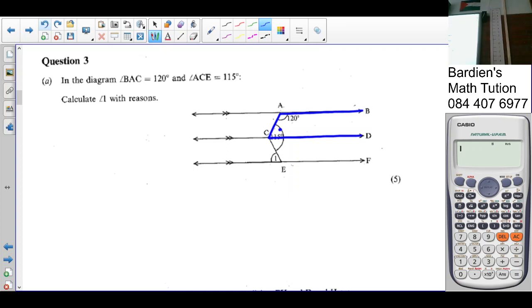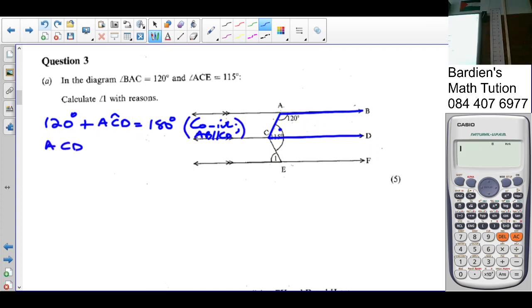So we're going to say 120 degrees plus angle ACD equals 180. Why? Co-interior angles, with AB being parallel to CD. Okay?